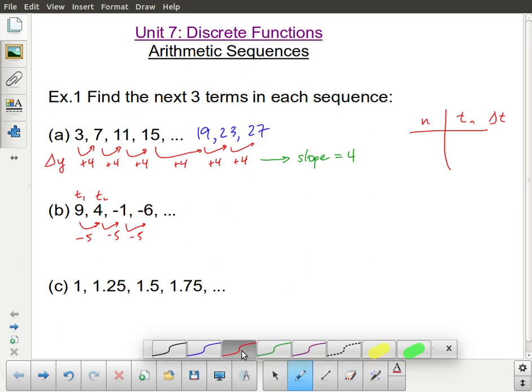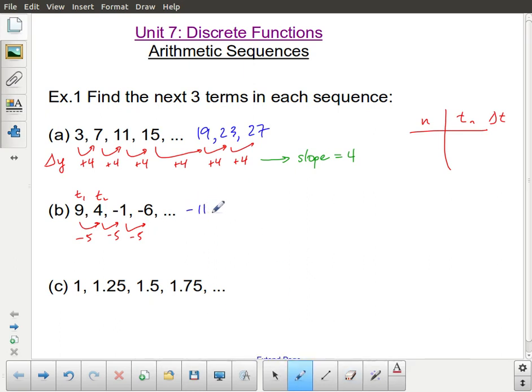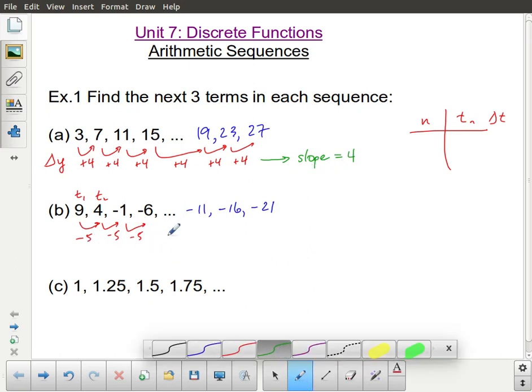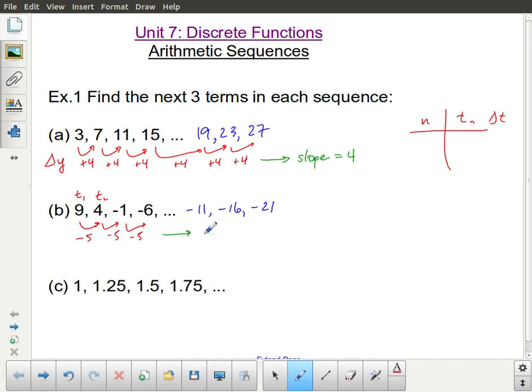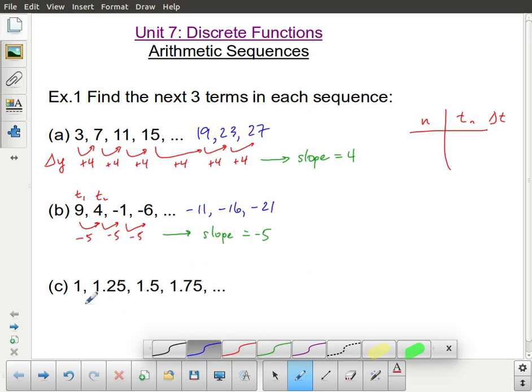Negative 11, negative 16, and negative 21. So those are my next three terms. And in this case, if I was thinking of it this way, this would tell me that the slope would be equal to negative 5. And then finally, the last one I've got here, what am I doing?